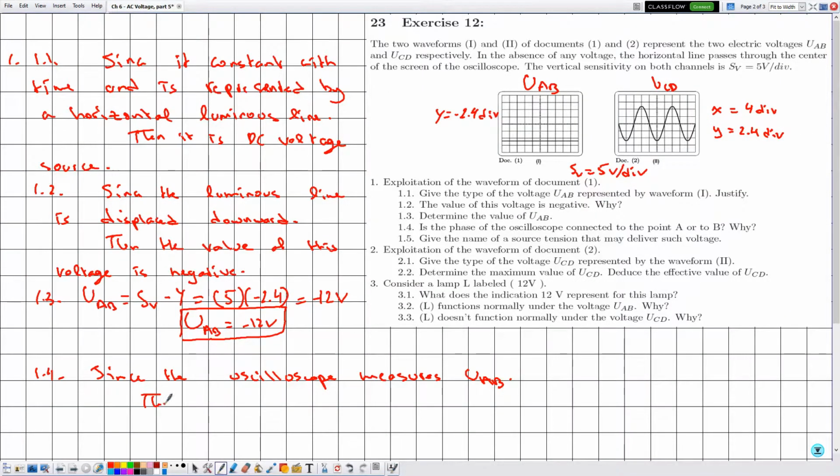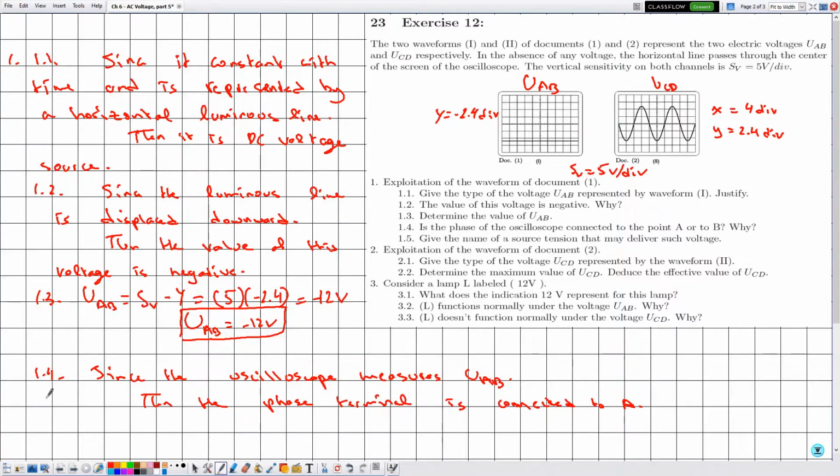Then the phase terminal is connected to A. And the mass terminal is connected to B, but here we are only interested in mentioning the phase terminal.